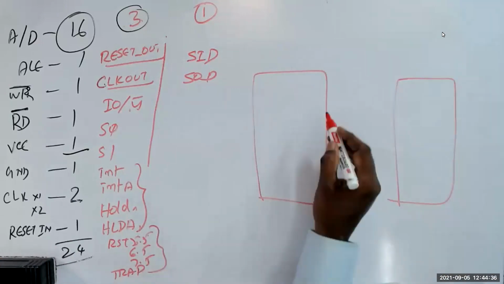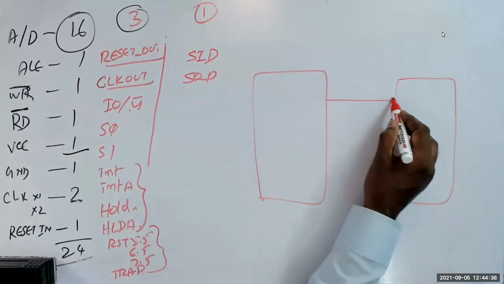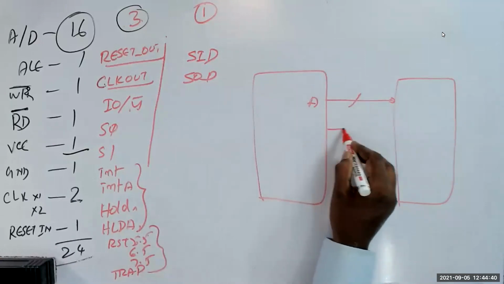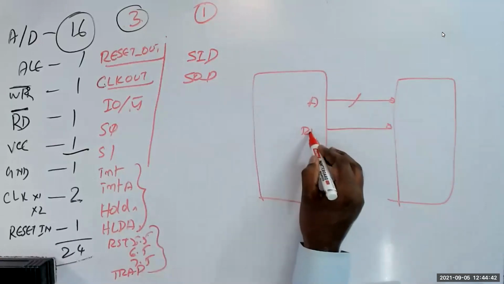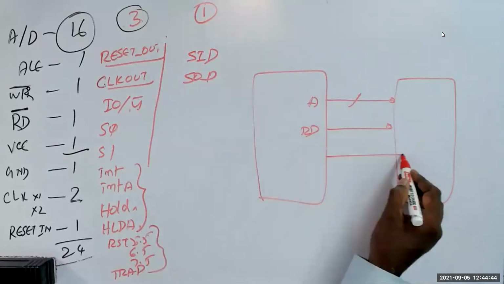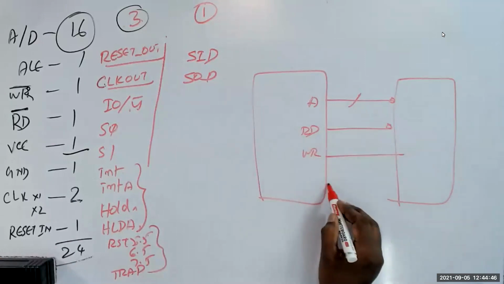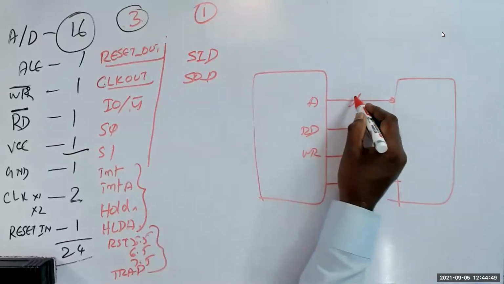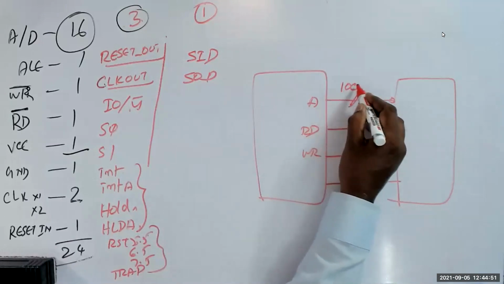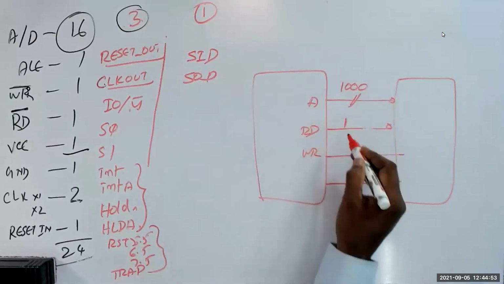I told you that the microprocessor gives address, and the microprocessor gives read or write, whatever it is. Let us take only read. I give the address line, let us say address 1000, and I give read as 1, and they get data.